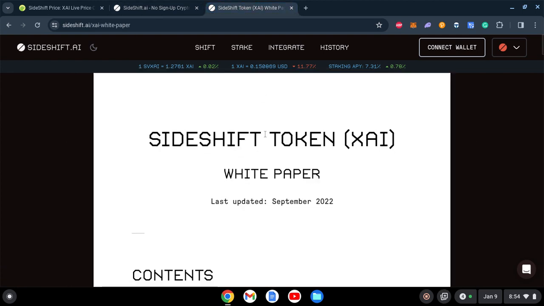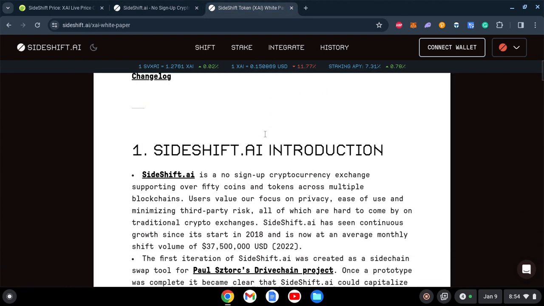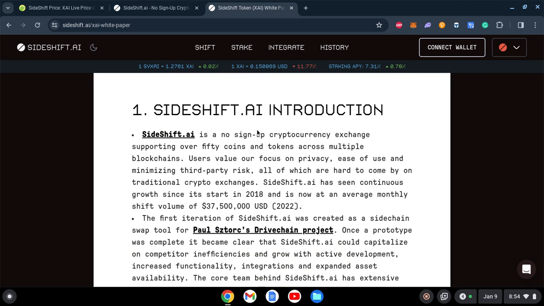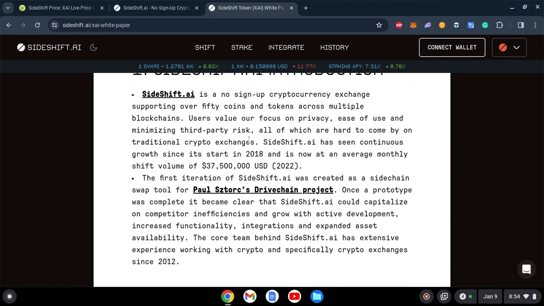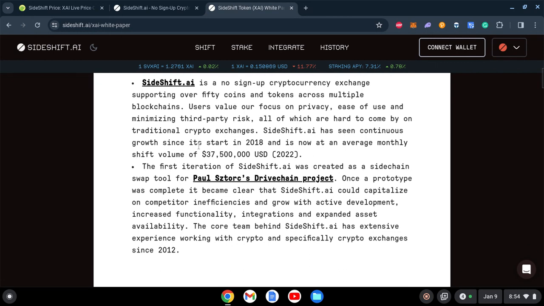So now let's get quickly to the white paper. The Sideshift.ai introduction: Sideshift.ai is a no sign up cryptocurrency exchange supporting over 50 coins and tokens across multiple blockchains. Users value our focus on privacy, ease of use, and minimizing third party risk, all of which are hard to come by on traditional crypto exchanges, which is a fact.